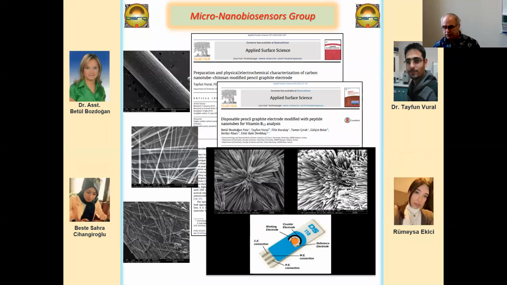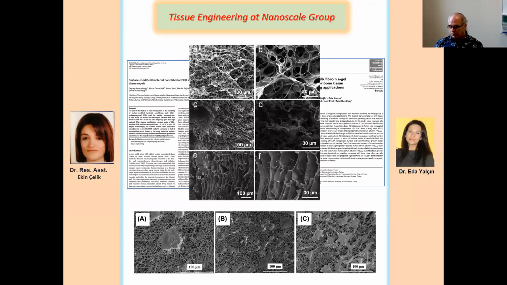Another group is working on micro and nanobiosensors. Here the sensors are based on electrochemical analysis, and we use an electrochemical analysis system for the determination of some certain biochemicals. One small group is working on tissue engineering at nanoscale. In that group, we are trying to produce some micro and nano fibrillar or porous structures for tissue engineering applications.